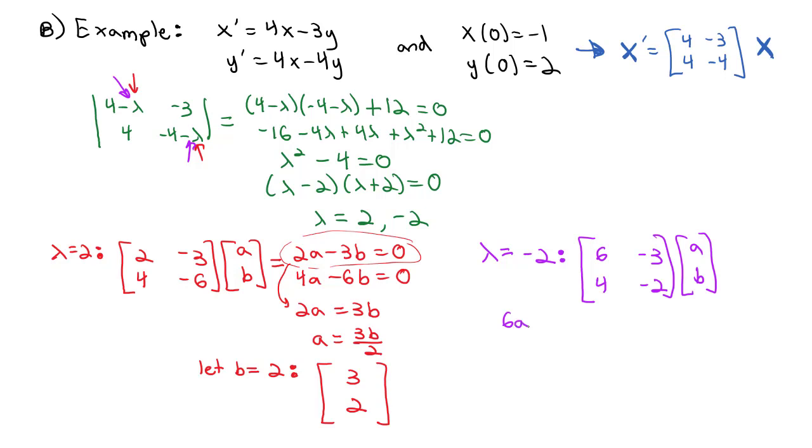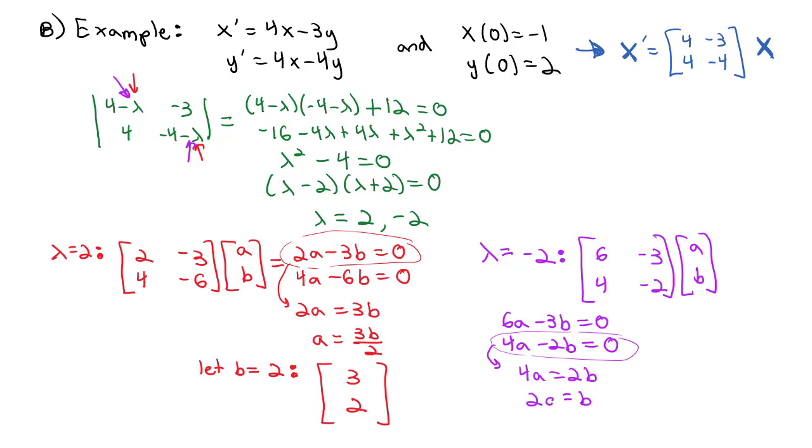So we've got 6a minus 3b equals 0, and 4a minus 2b equals 0. I'm going to say the bottom one looks a little simpler. So 4a equals 2b, and I can divide both sides by 2 to avoid fractions.